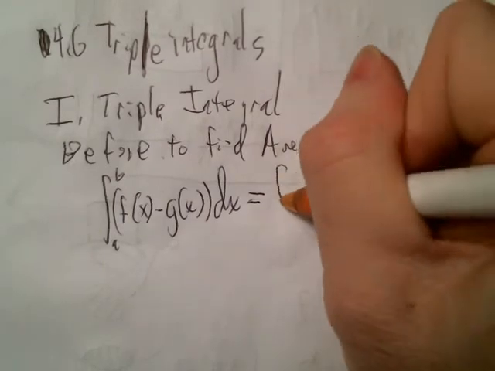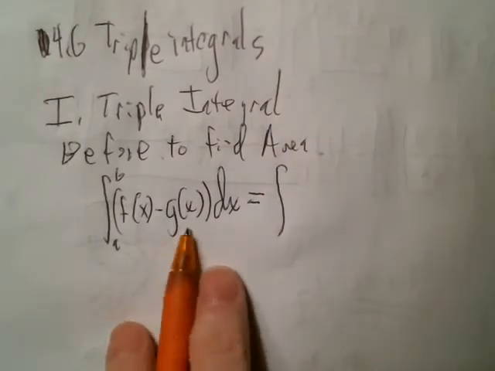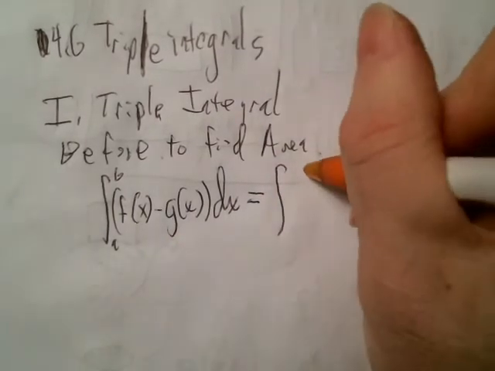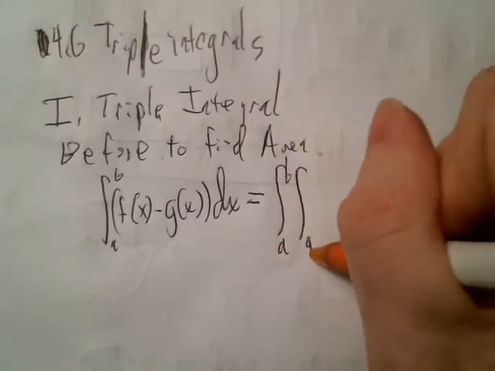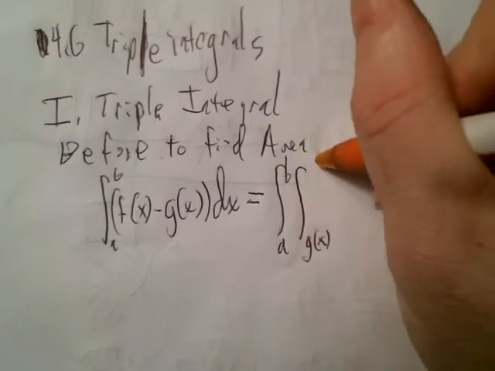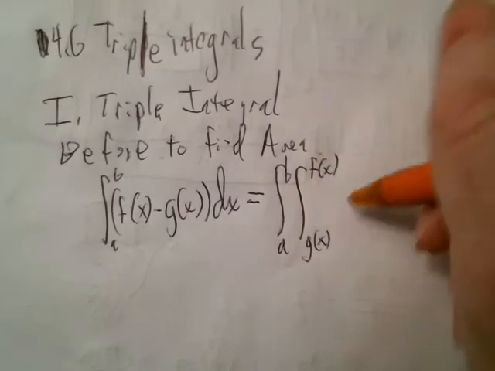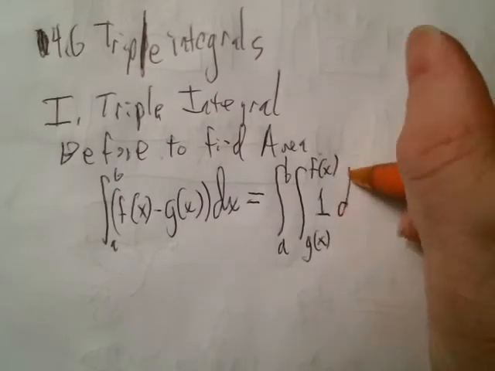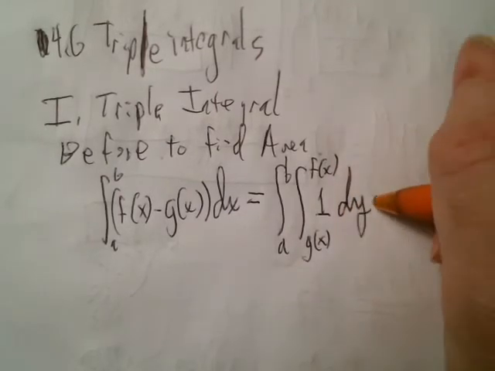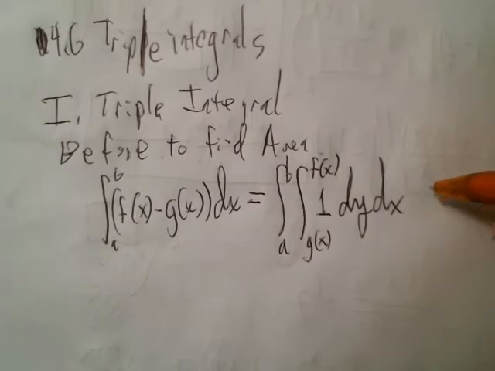And then in Calc 2, we learned we could embed these two functions into an iterated integral. So we would go from curve to curve on the inside, and have a 1 basically, and then we would have dy dx, okay? And that would equal the area.